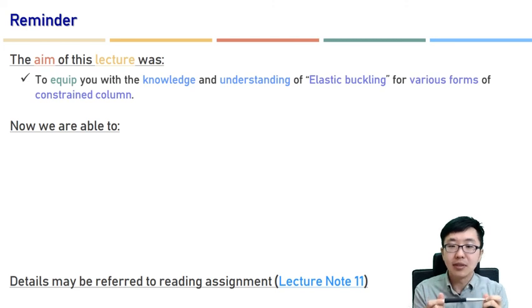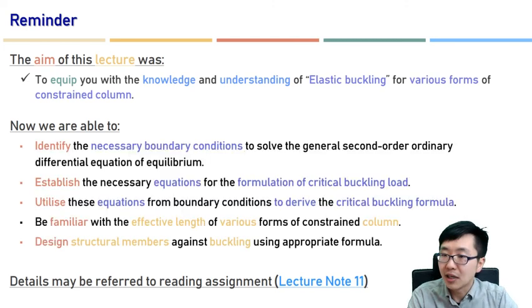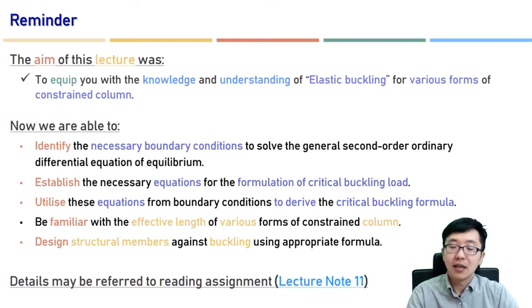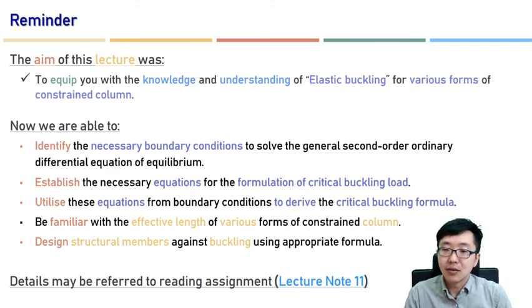Now we are able to identify necessary boundary conditions and why and how we select them, the derivation, how to calculate the critical buckling load, the effective length concept, and all those details you can find in lecture note 11. Please have a look.